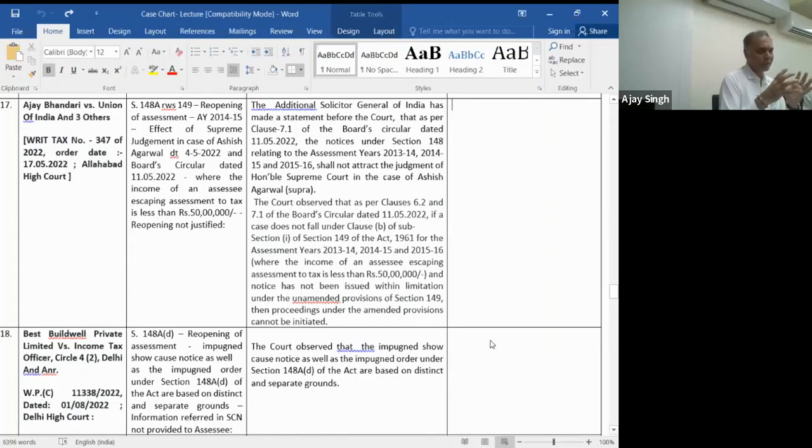It is not very clear in what context, whether it was in context to purchases from non-filers, because the show cause notice primarily states that it is seen that the petitioner has made purchases from certain non-filers. So this was the wording.